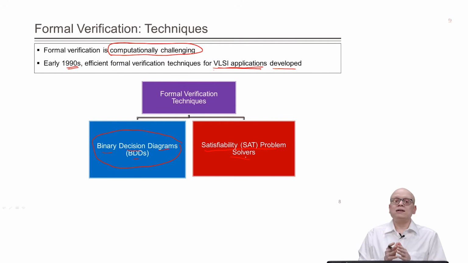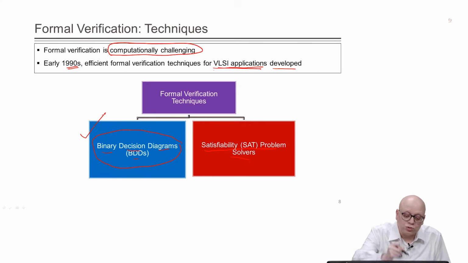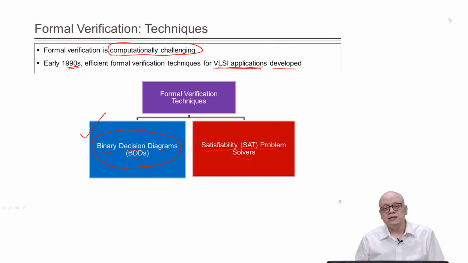To understand the formal verification methods used in the VLSI design flow, we need to understand these core technologies, and the mechanism of formal verification. To understand this mechanism, we need to go a little deeper into these two methods, that is BDDs and SAT solvers. So, in today's lecture, we will be looking into binary decision diagrams and how they help in efficient formal verification.